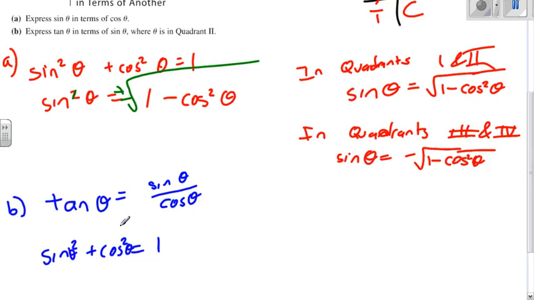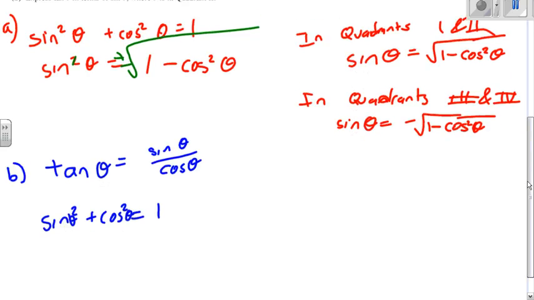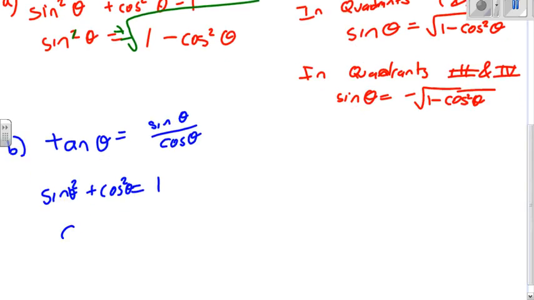And this time we want to solve for cosine so we can replace it. So that means cosine, basically doing the same thing we did in the previous example, is plus or minus the square root of 1 minus sine squared.